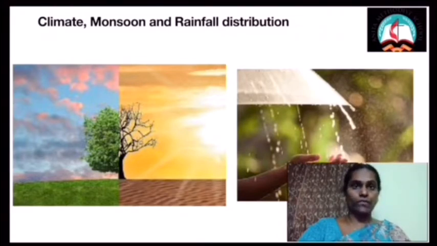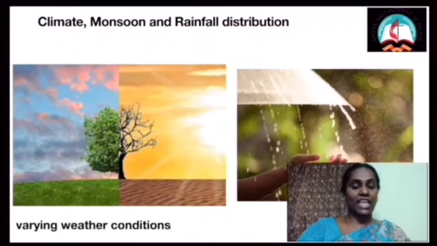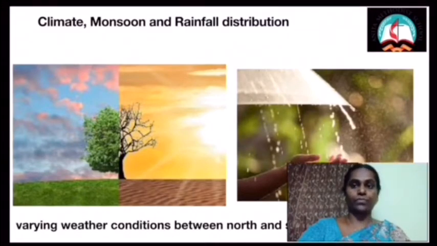Why do we wear cotton or lighter clothes during summer season and heavy woolen clothes during cold weather season in North India? Why do not we wear woolen clothes in South India? Yes, children, this is because of the prevalence of varying weather condition between North and South India.